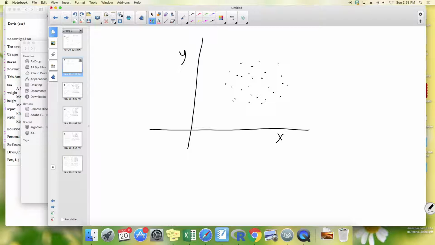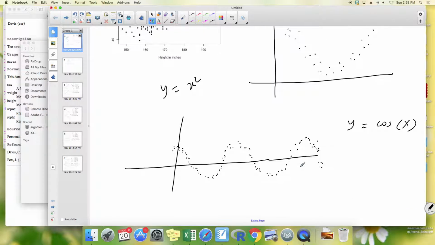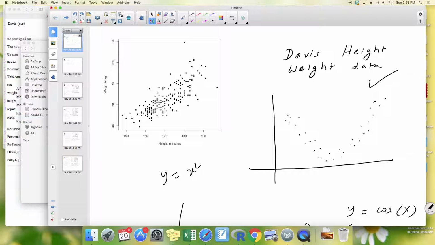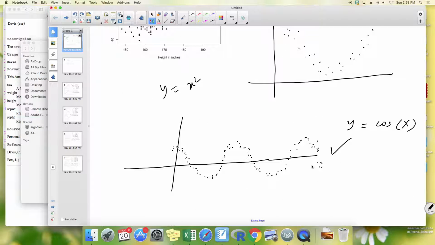There can be many kinds of mathematical situations, but you have to know which of them to apply. For this kind of graph, maybe there's one kind of math. For this kind of graph, there's another kind of math. But how do I know how to apply that if I don't even look? So that's why scatter plot is just about looking.